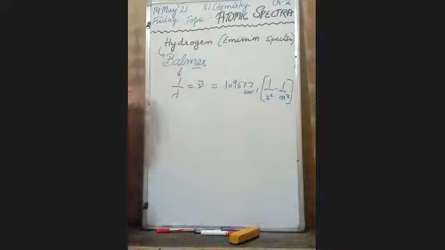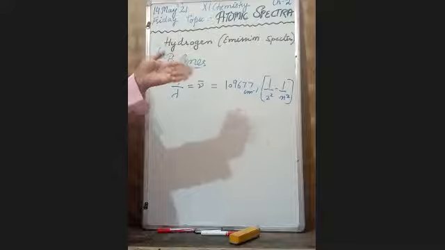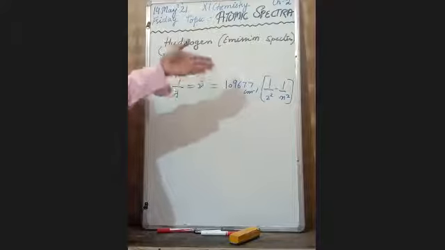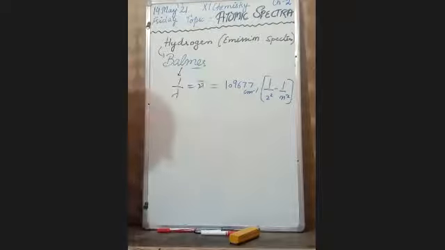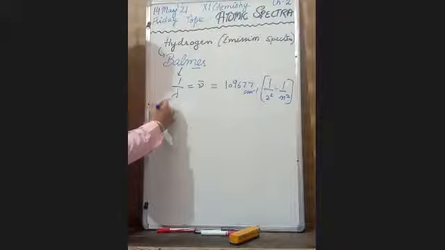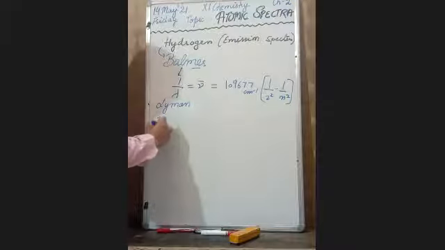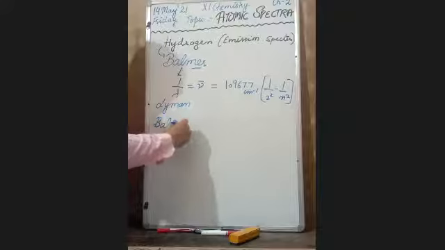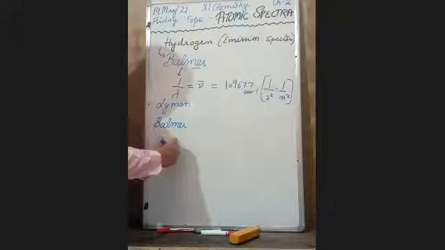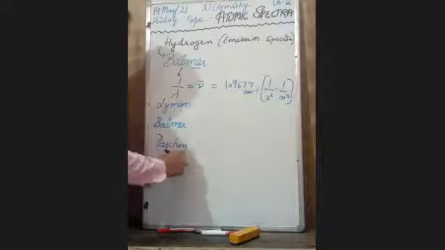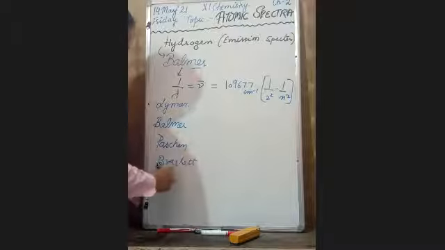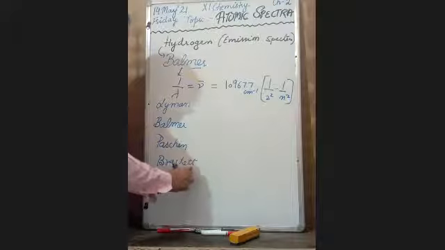Similarly, along with Balmer, many scientists were also working on the hydrogen spectra. So there are different series like Lyman, Balmer, Paschen, Brackett, Pfund, and Humphreys series also.